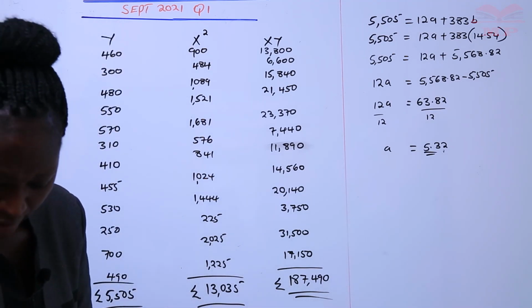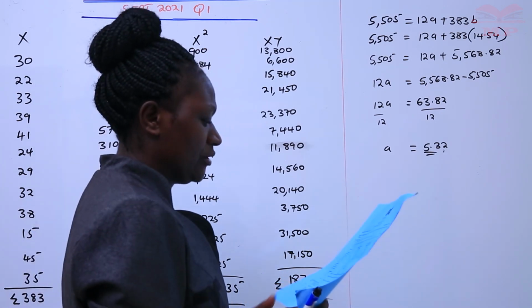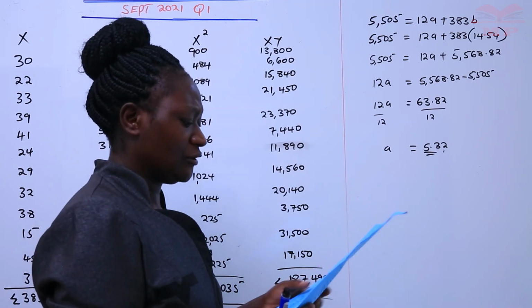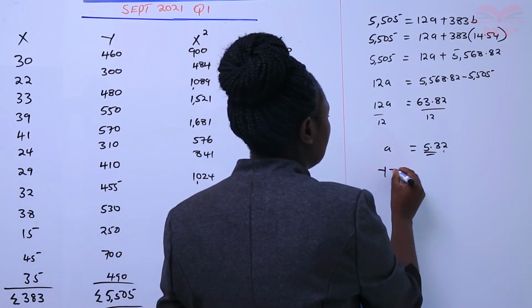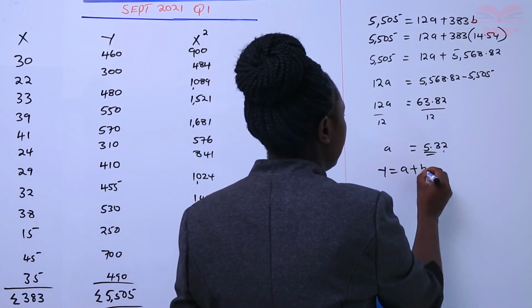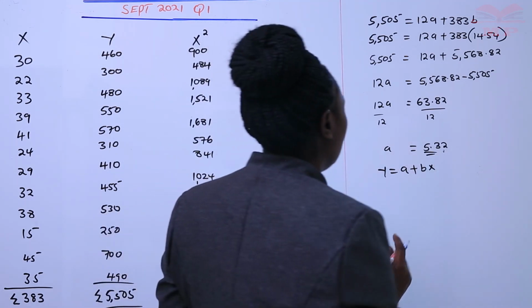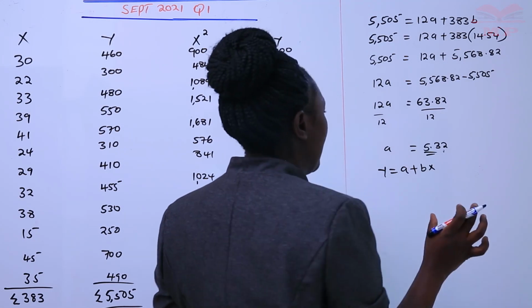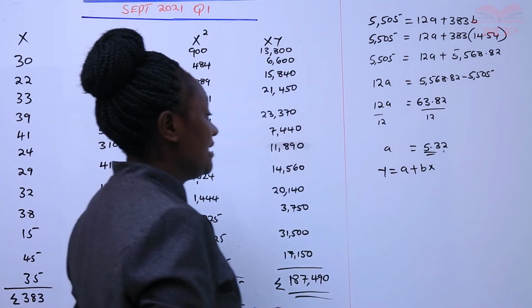So the question required us to use linear regression to establish the production function in the form of y equals A plus bx. So to establish this equation, we already have the values of A and B, and you simply substitute the values into this function.